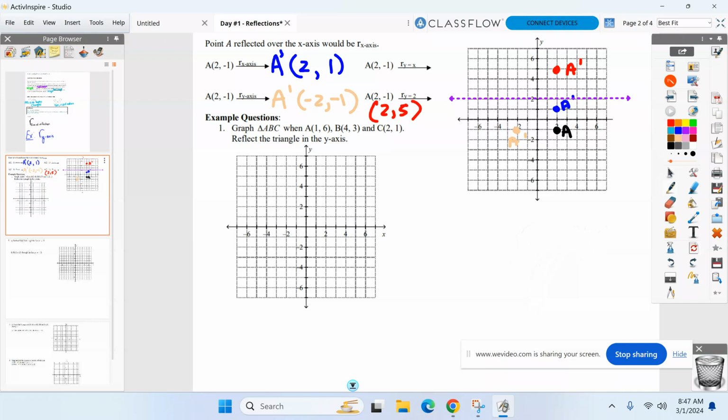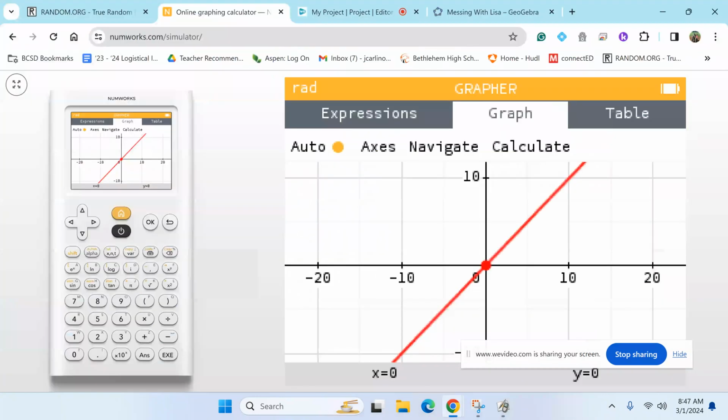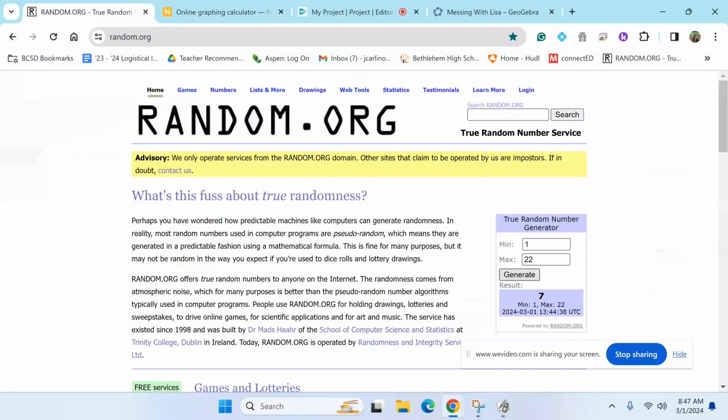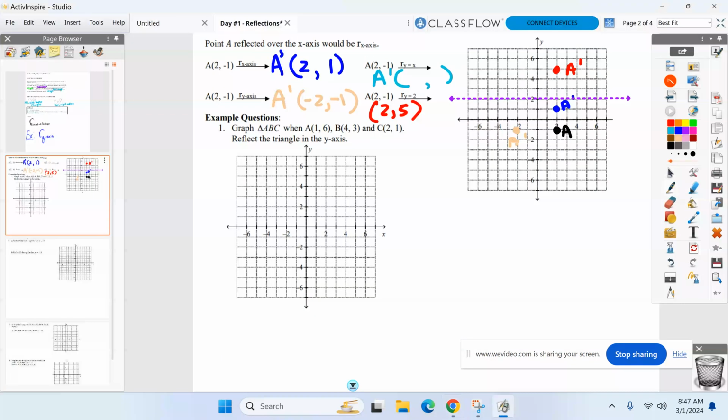So going back, what does A prime become here now? 2, -1 becomes, when I reflect it over the line y equals x, it will become, Stephanie? That's it, flip them. I didn't say change the signs, I just said flip them. So -1, 2. There's A prime.